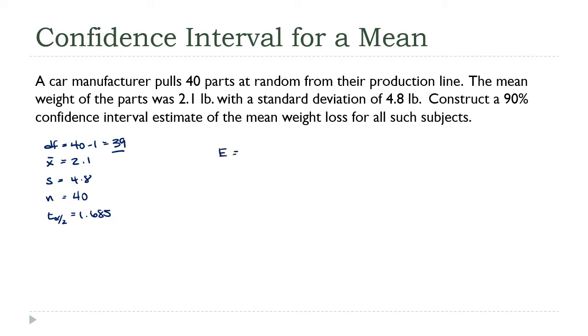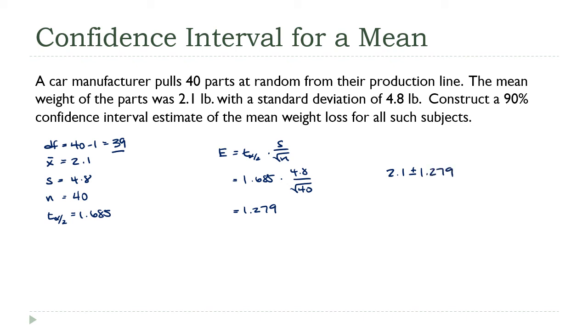And now it's simplest using the formula. The margin of error is t alpha over 2 times S over the square root of N. t alpha over 2 is 1.685. S is 4.8. N is 40. And my calculator tells me this is 1.279. So my confidence interval, it's based off of the sample mean, so it's going to be 2.1 plus or minus 1.279.